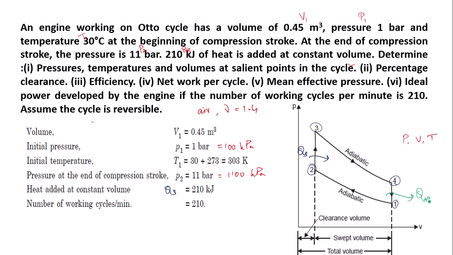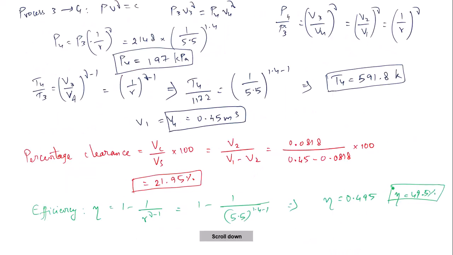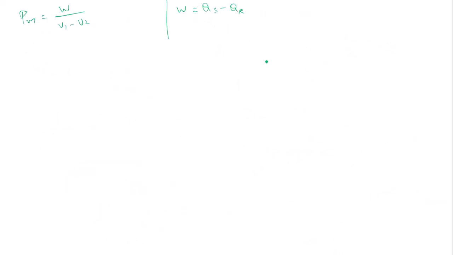Here heat is being rejected, right? So I can use this particular process for determining the amount of heat rejected. Okay, so W is going to be 210 minus, for a constant volume heat transfer, m cv into delta T, where T4 minus T1 is going to be used. So I know all the values, right? We have estimated all the values earlier in the first subdivision.